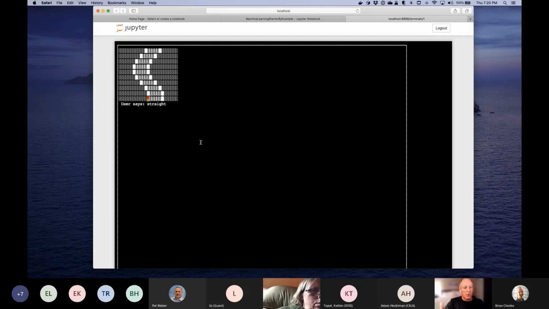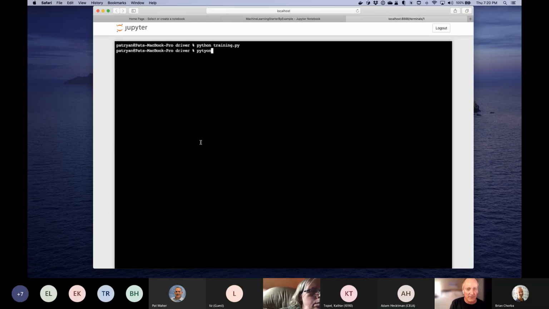And so every time the road moves, we are actually sort of taking a snapshot of what that road looks like. I'm going to show you the data in just a second. And we're telling it that when the road looks like this snapshot, here's what you need to do to drive the car. And right now we're saying always go straight, which we know is not going to be the right answer. But then I'm going to show you how we can do this again and actually train it.